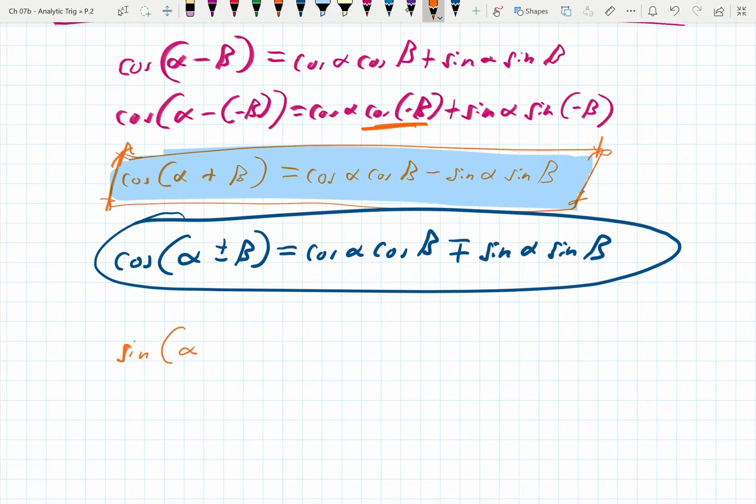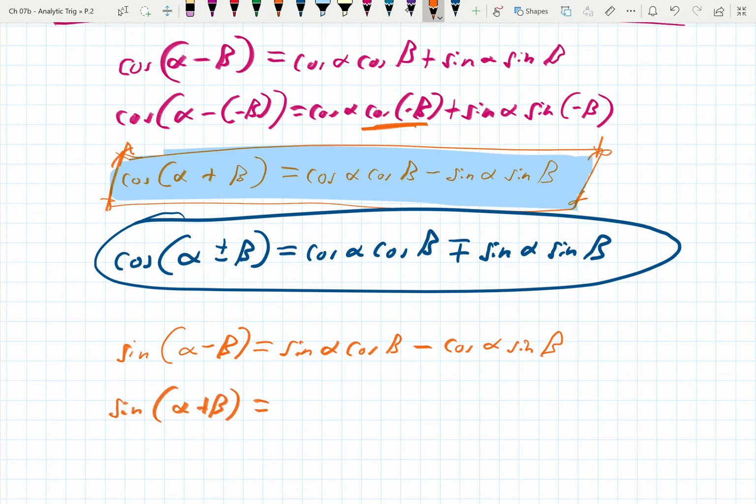Sine of alpha minus beta is sine alpha cosine beta minus cosine alpha sine beta. And the sine of alpha plus beta is the sine of alpha cosine beta plus cosine alpha sine beta.